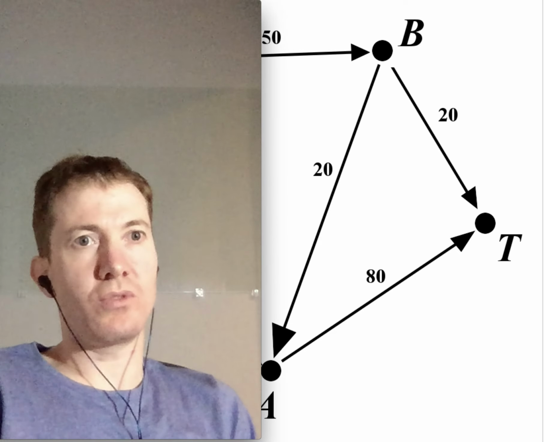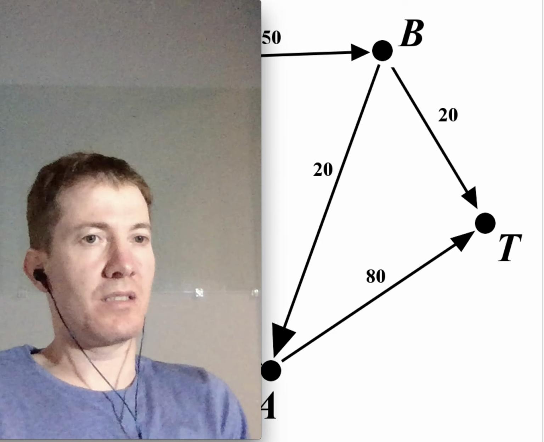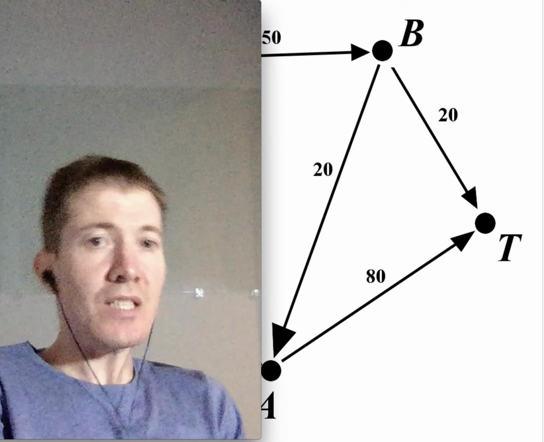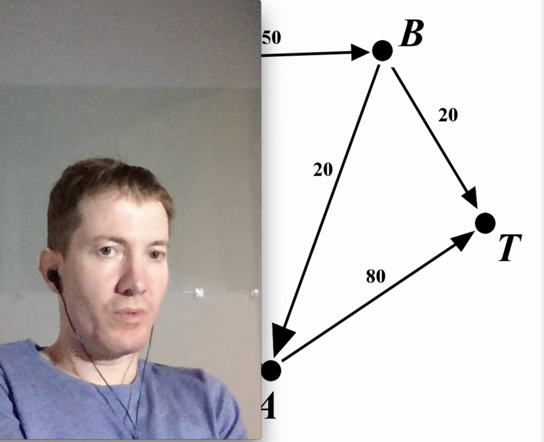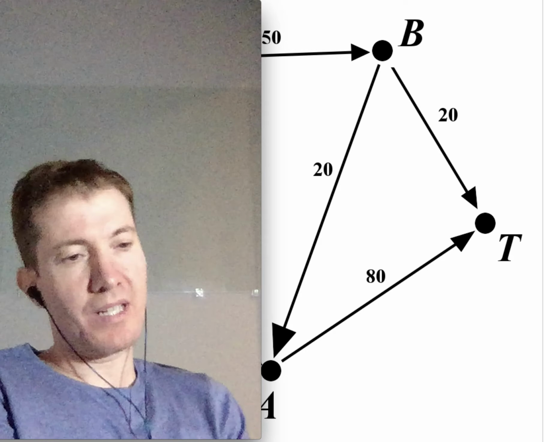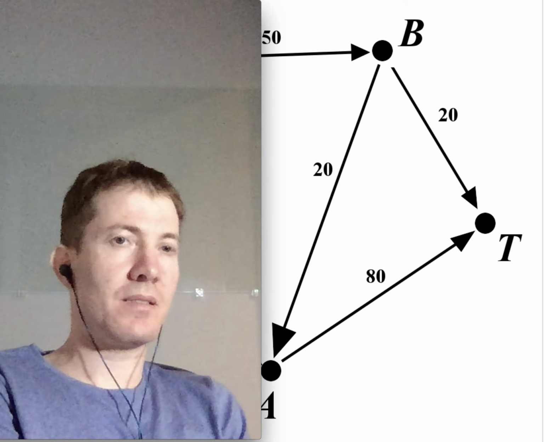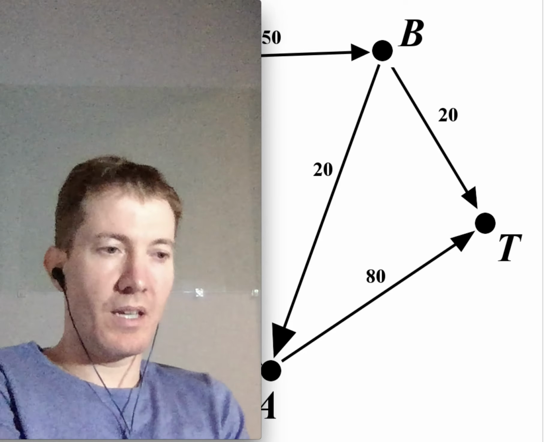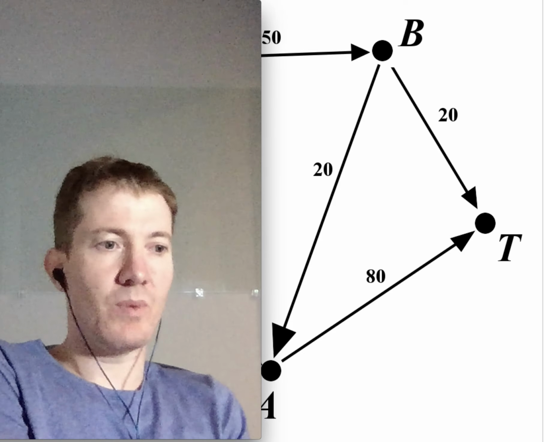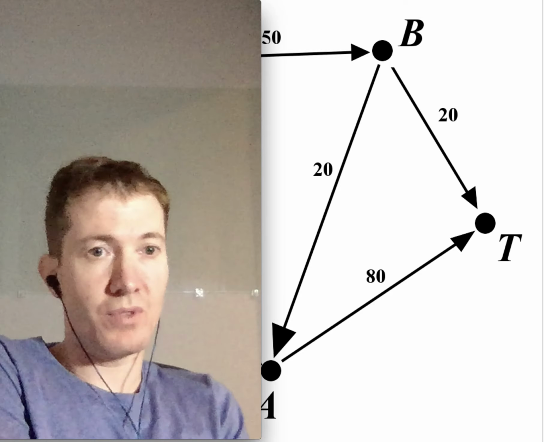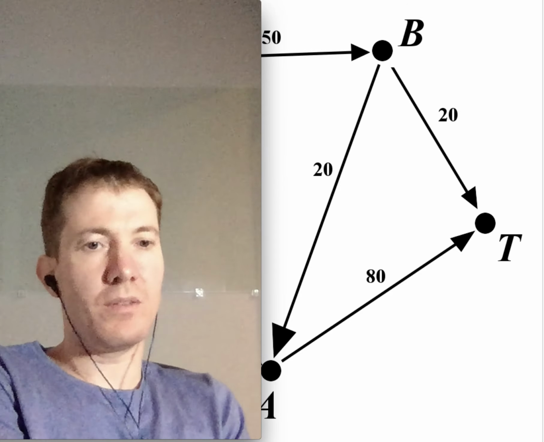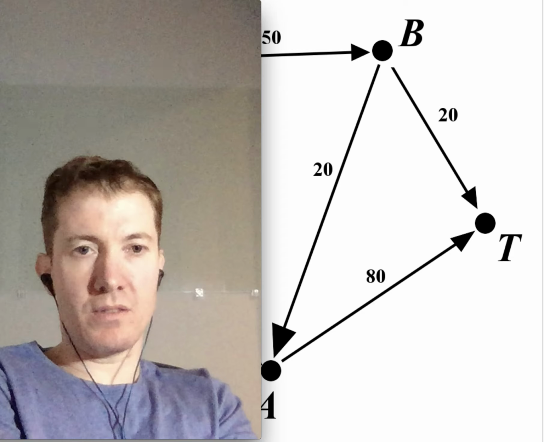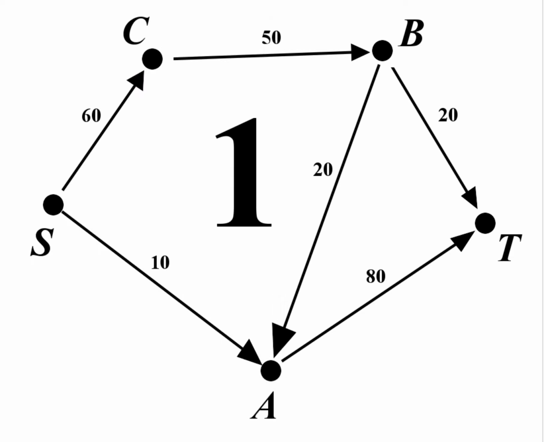I just showed you how to send 32 snails from S to T. So now I will count to 3, and while I'm counting, if you press the pause button, I promise I will stop talking, and then you can have some quiet time where you can try to make a bigger flow. So here it goes. 1, 2, 3, done.